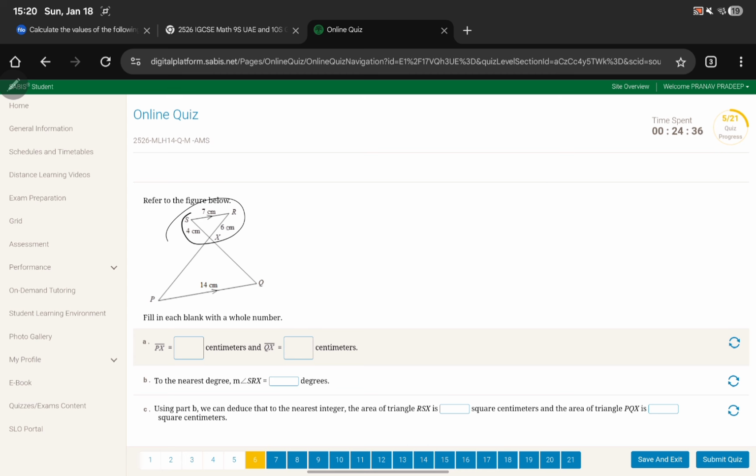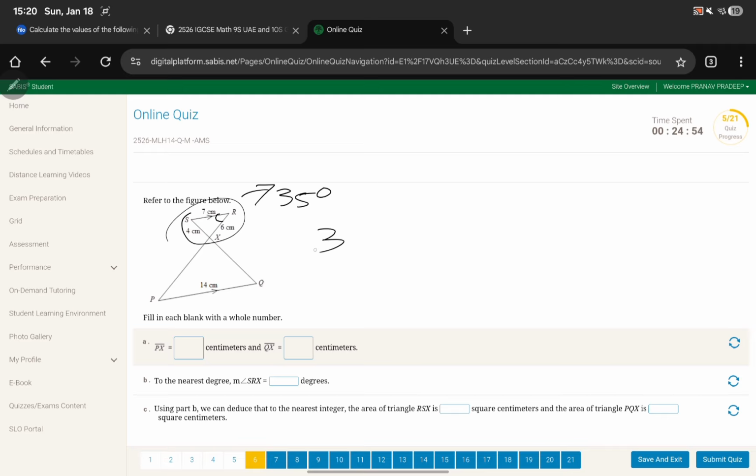The area of this triangle is 12 because we know that angle SRX is 35 degrees. We rounded it off, so it's going to be half of 6.